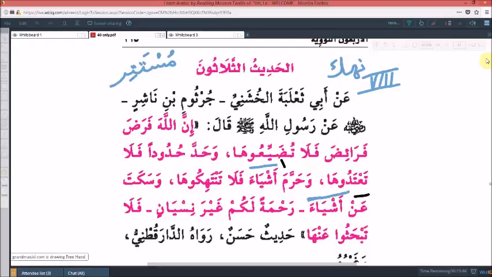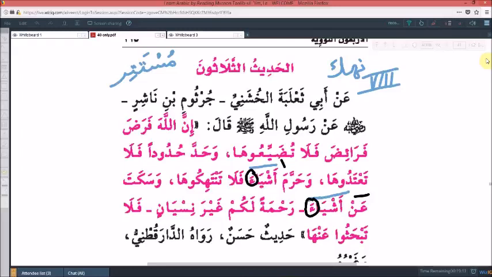But it's mamnu' min as-sarf, so it doesn't take the kasra. It doesn't take tanween and it doesn't take the kasra. So here, this is a sign of jar. Here, this fatha is a sign of nasb. So ashya is mamnu' min as-sarf. It doesn't take that change. It doesn't take that kasra. So when it's majroor and mansub, it looks exactly the same.